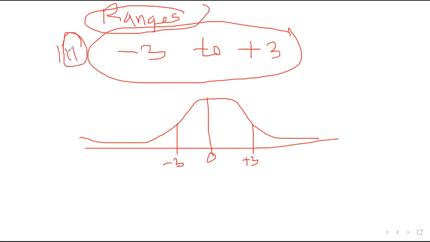Concerning this kind of topic in quantitative method, it is a very, very important topic.